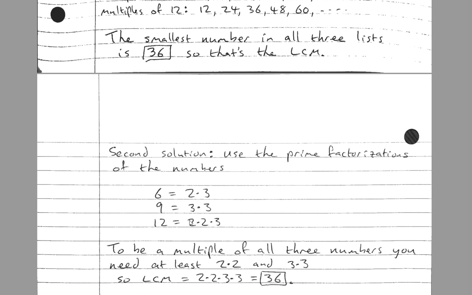In terms of threes, to be a multiple of 6, 9, and 12, we need at least 2 threes multiplied together in order for 9 to be a multiple of 9. Okay, and so once you have 2 twos and 2 threes, that covers everything.